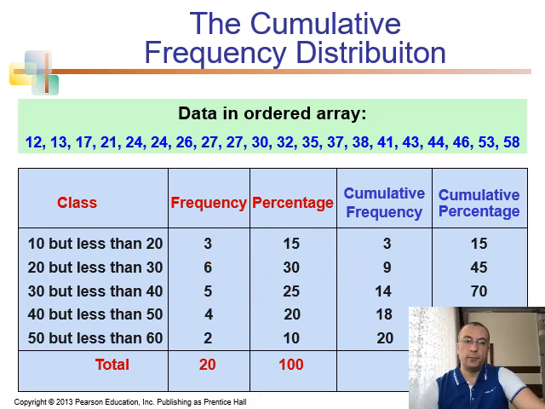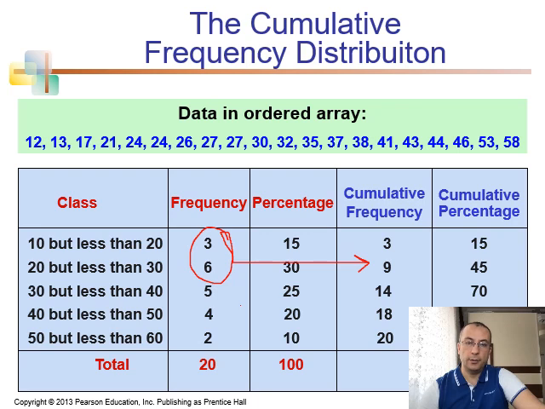So, for example, if you add 3 and 6 together, the cumulative frequency will be 9. And to go to 14, it is 3 plus 6 plus 5.